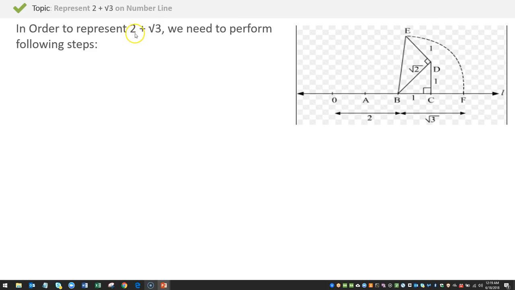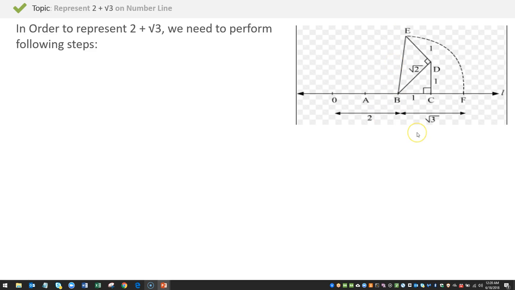Since I have to find the value of 2 plus square root of 3, as opposed to 0, I'll move 2 units further, and I consider B as the point where I go 1 unit up to C and 1 unit perpendicular to C as CD, and then I'll calculate BD as a square root of 2, and then I'll go again perpendicular line on BD up to E as 1 unit, and then I'll calculate BE as a square root of 3.